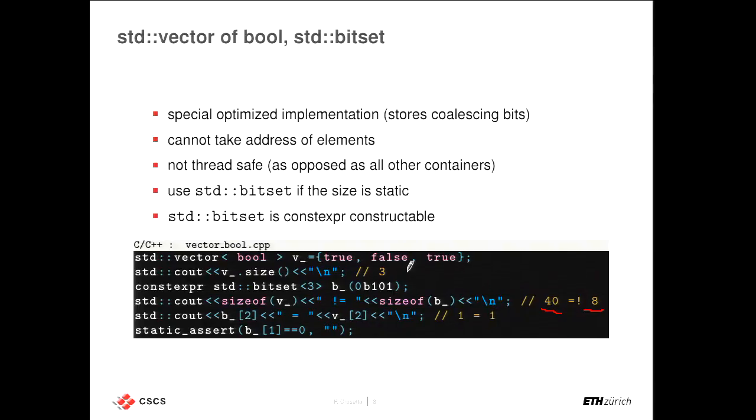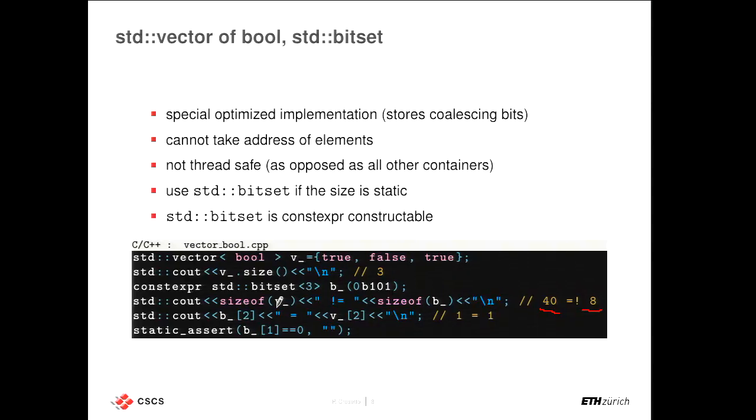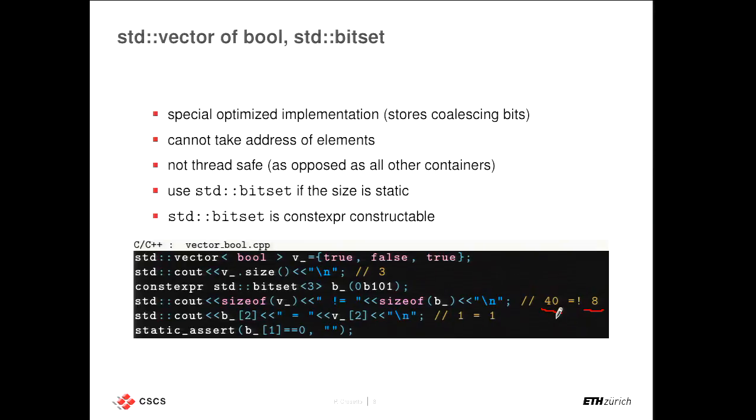So if you increase the vector of bool, no matter how many bools you put there, it will always be size 40 because it contains a pointer to the real data, while the bitset really contains the bits that you are allocating.